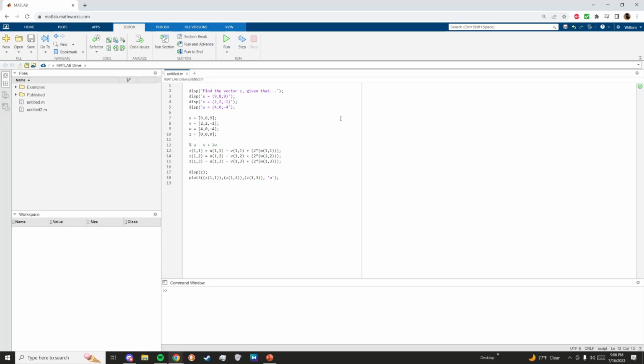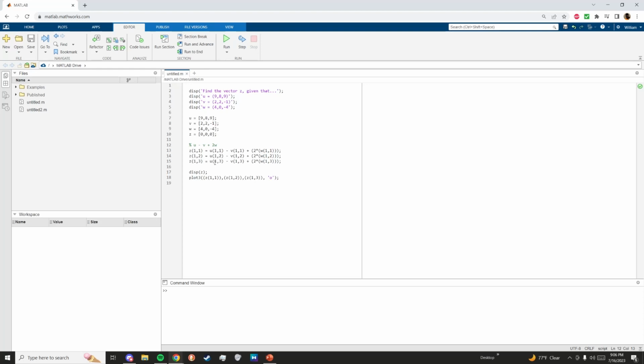All right, and so I made just a quick program in MATLAB to answer the equation. And so I have my data sets U, V, W, and Z, and I want to solve this equation and get the vector by using U minus V plus 2W.